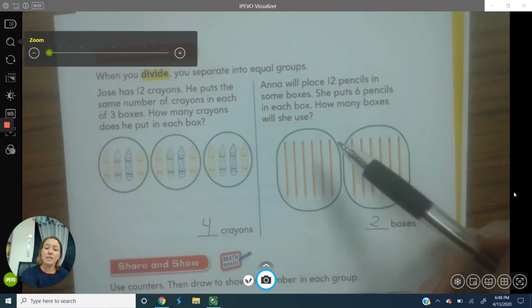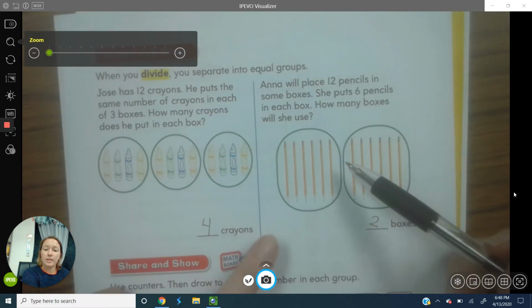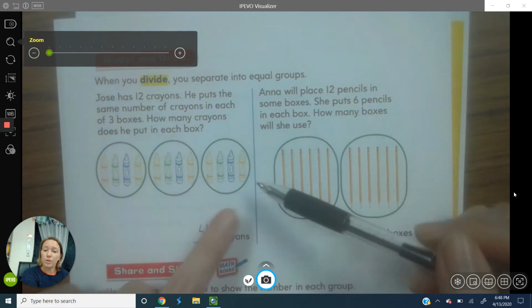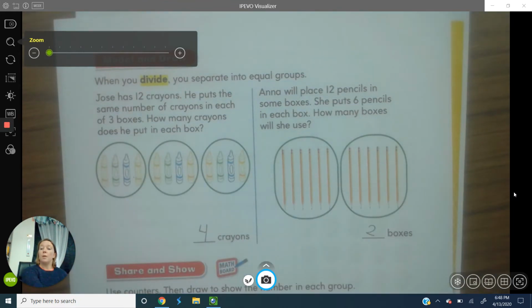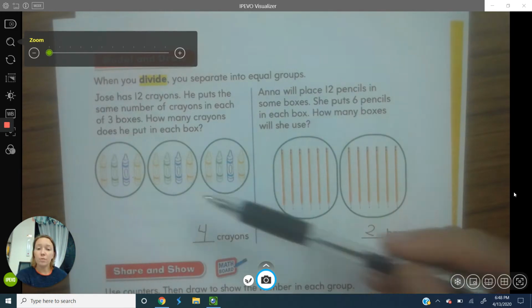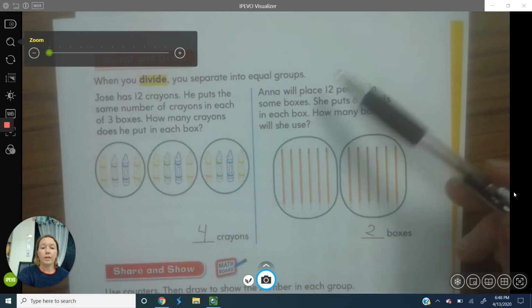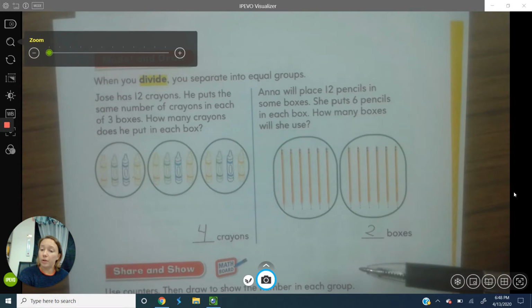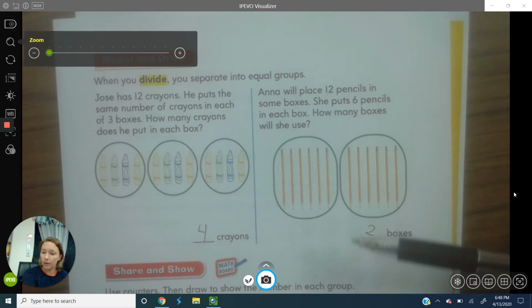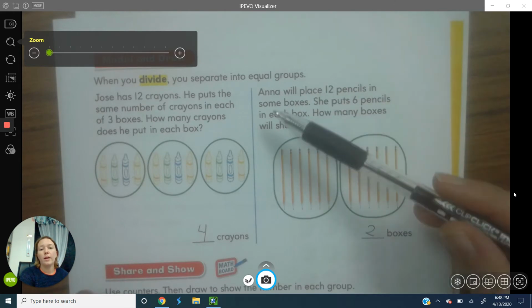All right, a little bit different. Instead of giving you the groups and you have to hand out the items, they're giving you the total, and you're having to circle to decide how many groups there are.